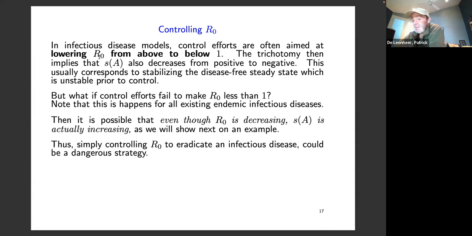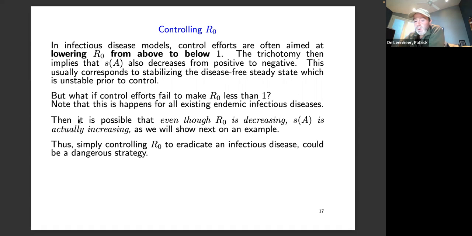But when the disease is taking off, that's actually an unstable steady state. So by the previous trichotomy, we know that R0 will be bigger than 1. And so the idea is, well, we should make it less than 1, then my disease-free steady state will become stable. But often it's impossible. Our options are limited, and we can't make R0 less than 1.